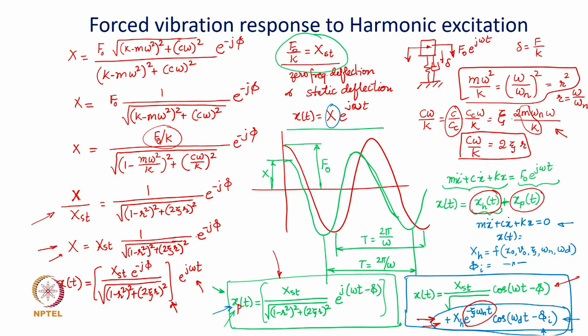Usually in practice, most of our mechanical vibratory systems have reasonable damping, which causes the second part of the solution to decay quickly enough, so that what matters is the solution defined by this expression, okay. Now, we shall come back to this discussion shortly.